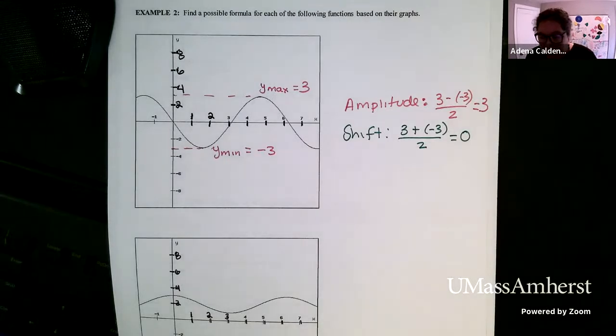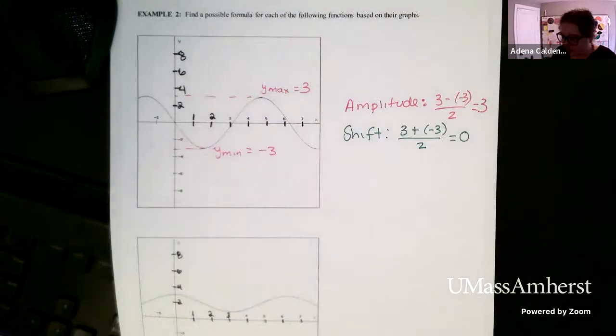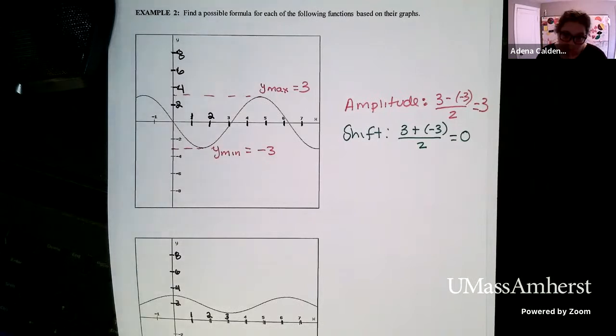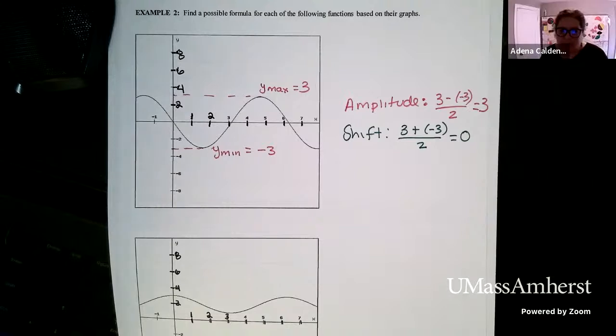So I have these 2 values now, and I know that they're going to come into my formula. So the next thing that I like to do, this is how I usually start it, but again, you can do this in any order you want. But at this point is when I typically try to determine, is it sine or is it cosine? Okay, and there are many ways to do this, so whatever you're most comfortable with is fine. I'm just going to tell you how I figure it out.